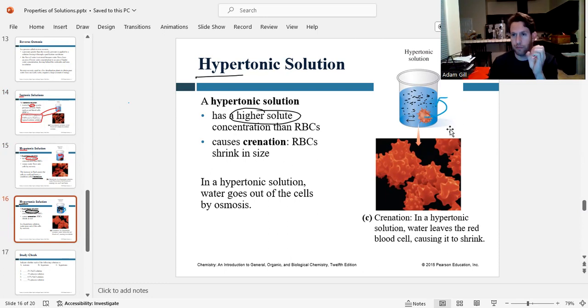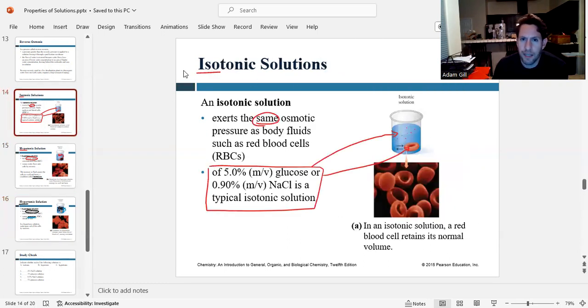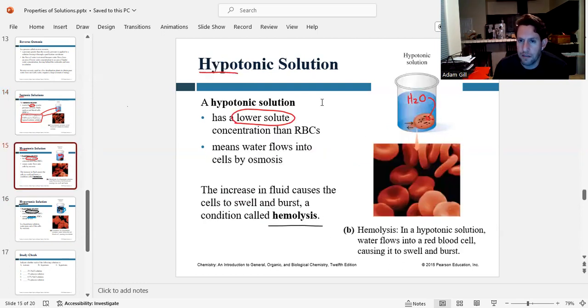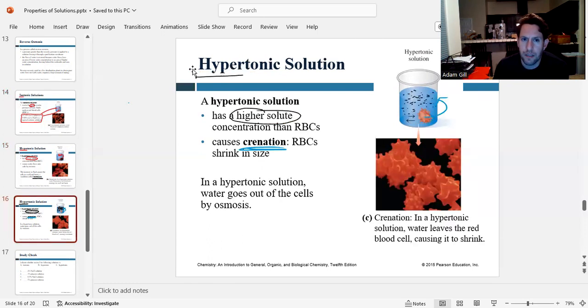And so the cell shrivels up. And this is known as crenation. So once again, isotonic means the same concentration inside and out. Osmosis does not occur. Hypotonic is a lower solute concentration, and so water flows into the cell. In a hypertonic solution, water flows out of the cell.